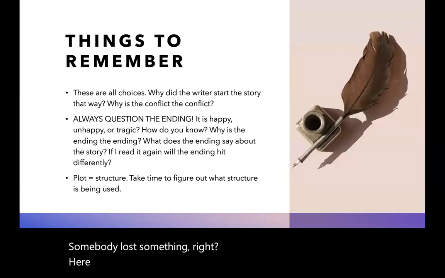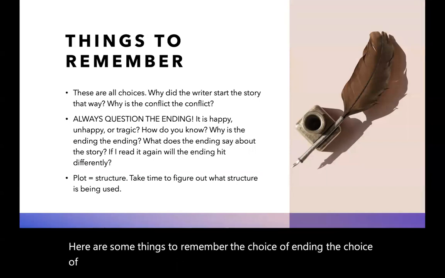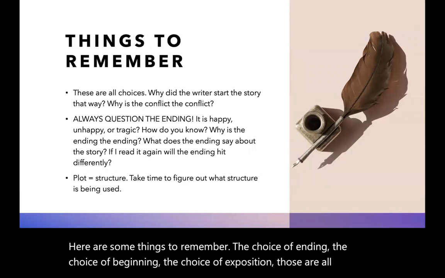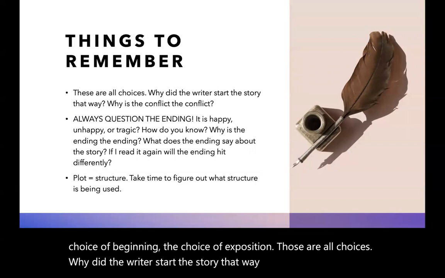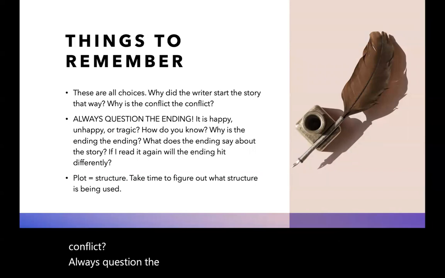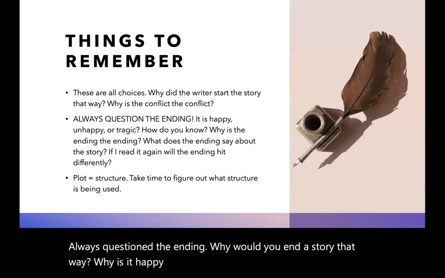Here are some things to remember. The choice of ending, the choice of beginning, the choice of exposition, those are all choices. Why did the writer start the story that way? Why is the conflict the conflict? Always question the ending. Why would you end a story that way? Why is it happy, unhappy, or tragic?